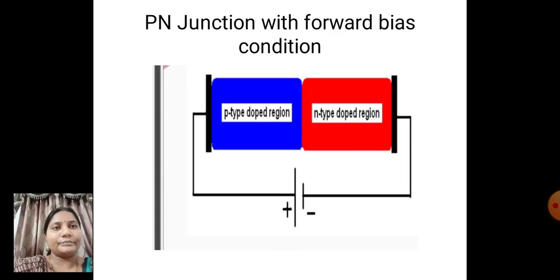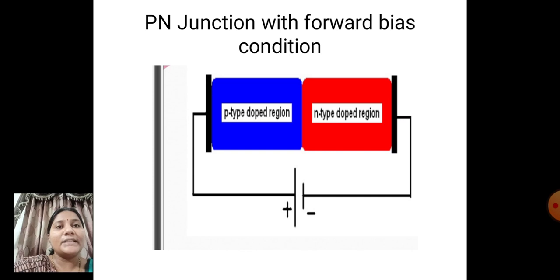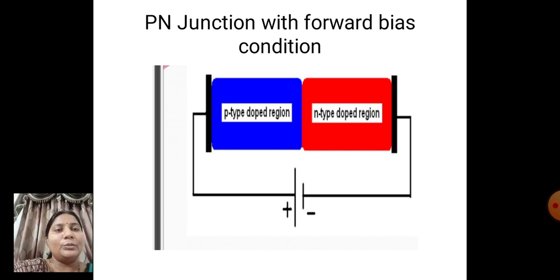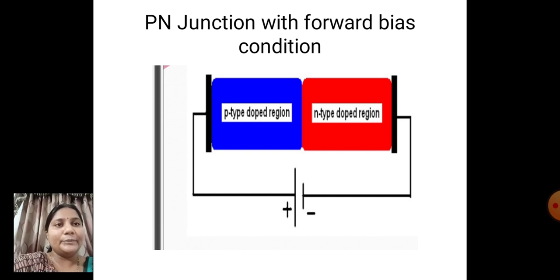Now, on the screen you can see a blue color p-type semiconducting material joined with a red color n-type semiconducting material. Here we can see the p-type doped region. We already know p-type semiconductor has trivalent impurities added and n-type semiconductor has pentavalent impurities added.